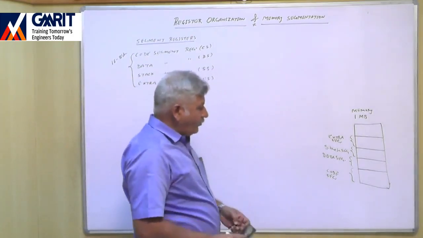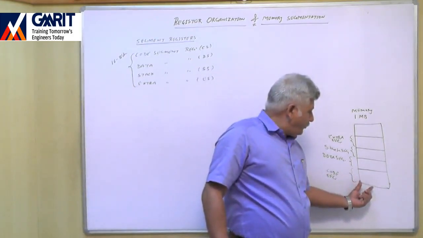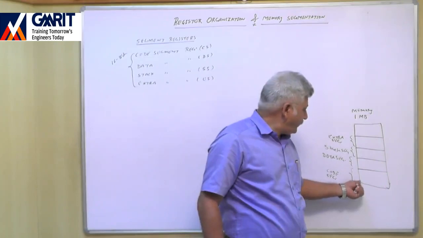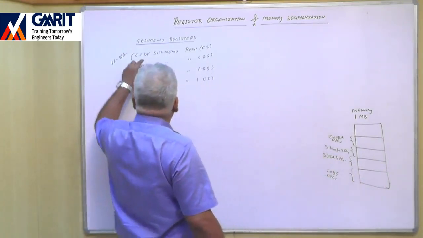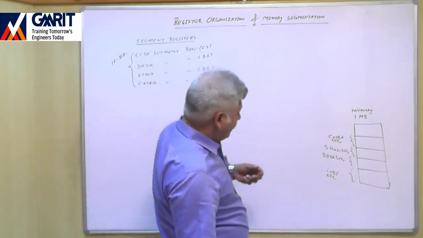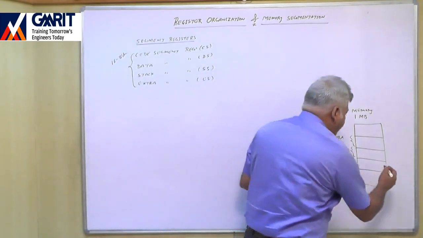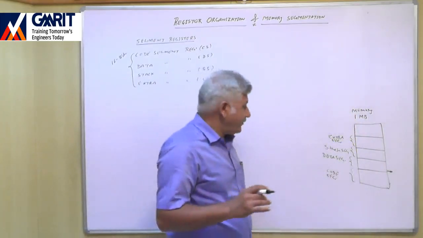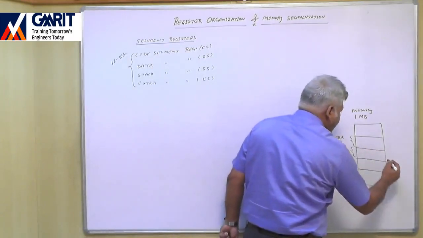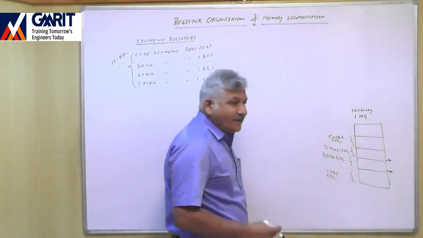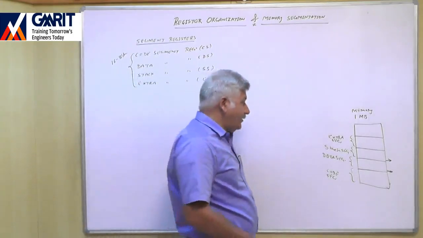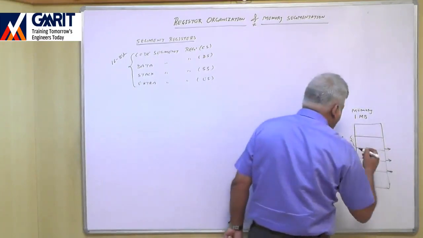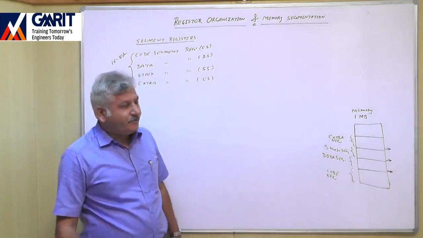To specify the starting address of the code segment, we have the code segment register. For the data segment, the data segment register. For the stack segment, the stack segment register. And for the extra segment, the extra segment register.